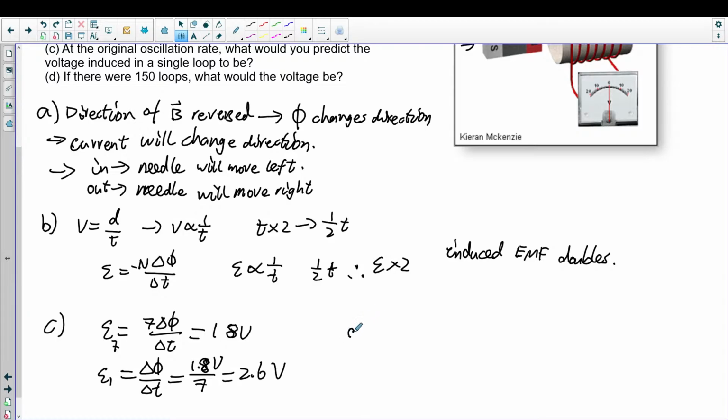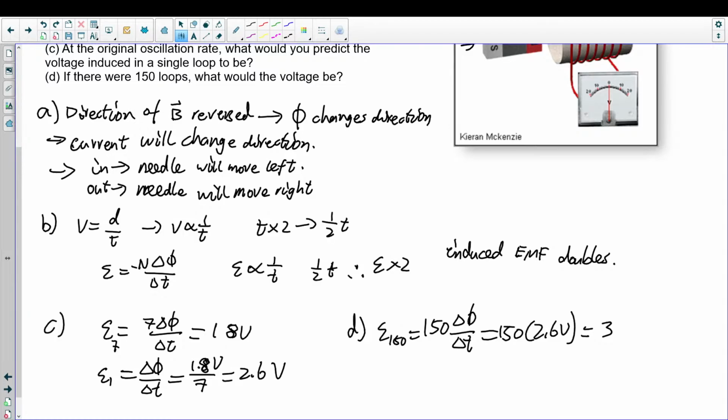And then part D, of course, is 150 loops. Then epsilon for 150 loops is equal to 150 times delta phi over delta t, which is 150 times 2.6 volts, which is about 390 volts.